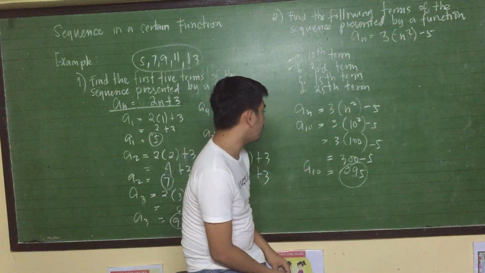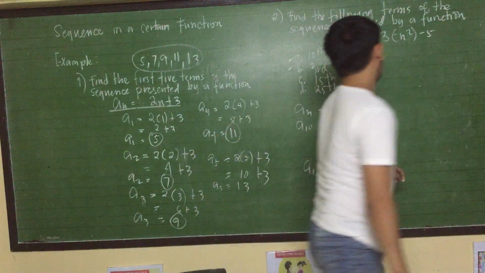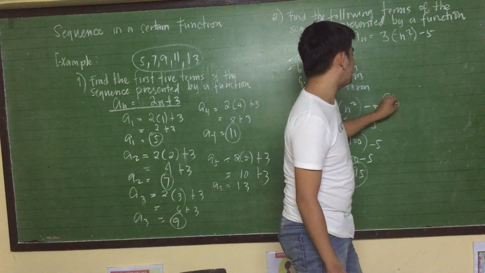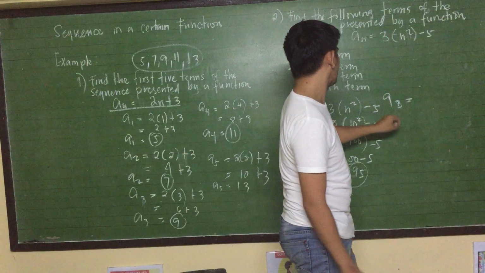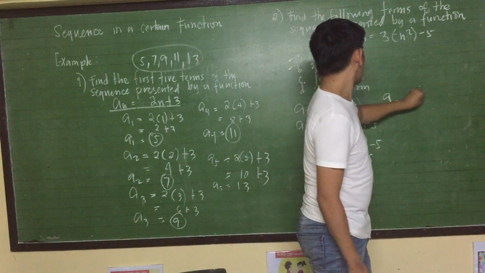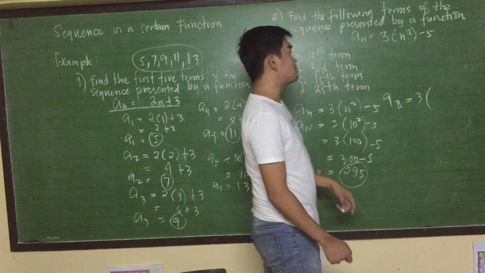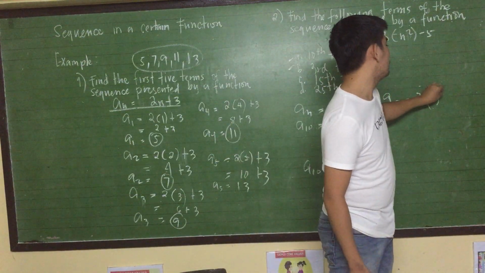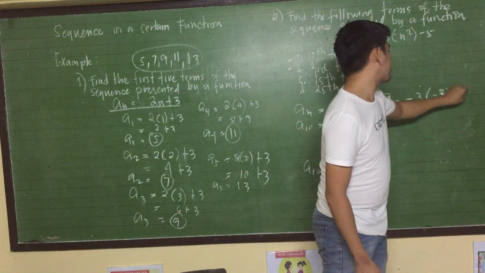We have a sub 3 is equal to 3 times 3 raised to 2 minus 5.